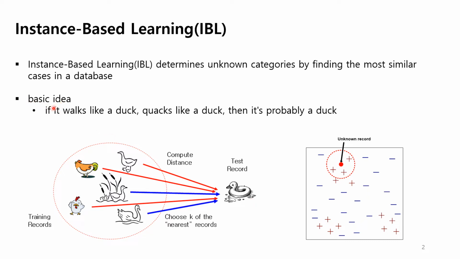So as I said, our basic idea is if the new data works like a duck and quacks like a duck, then probably it is a duck. So in this example here, we have minus data and plus data here. And let's say we have new data in red here. Okay, and you want to classify whether this new data is plus or minus, right?